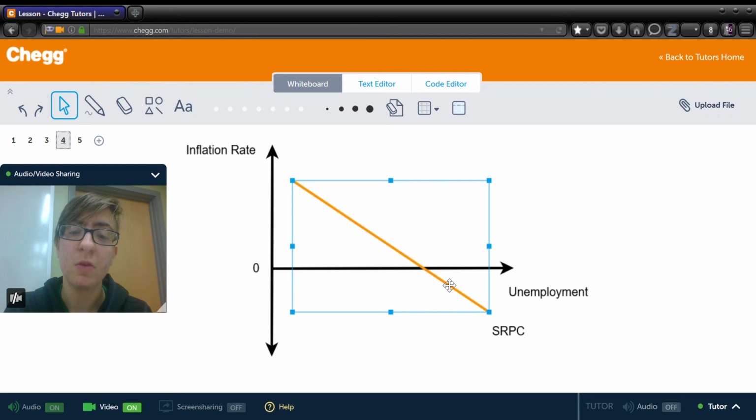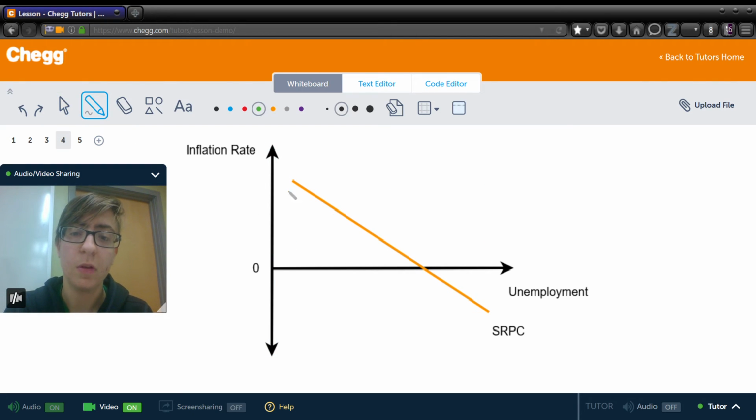So this curve right here, this orange line labeled SRPC, short run Phillips curve, is what a typical Phillips curve looks like. To me, it reminds me of demand, which I hope you had studied in micro.